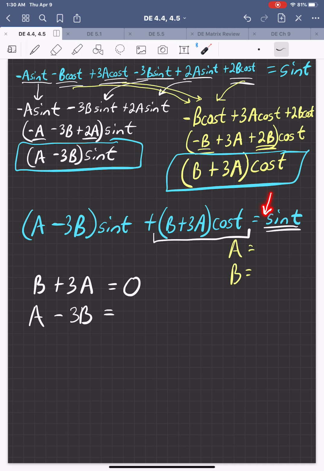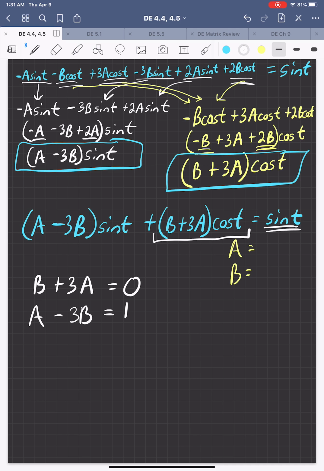Say it out loud. 1. So this is 1 sine. If I can get the cosine term to zero out, then I'm going to want this a minus 3b to equal 1 so that I have 1 sine. Does that make sense? Okay, so I know that I want to set this equal to 1.